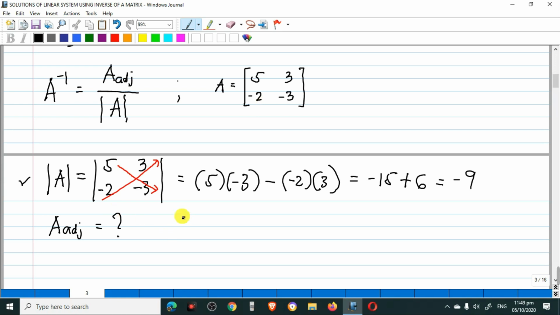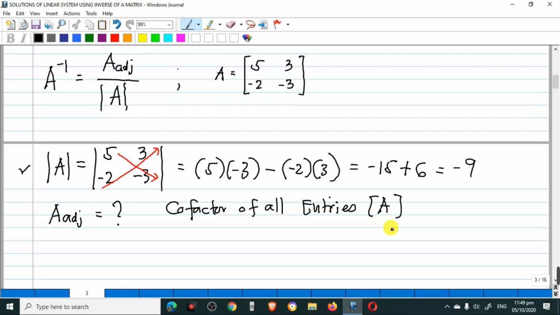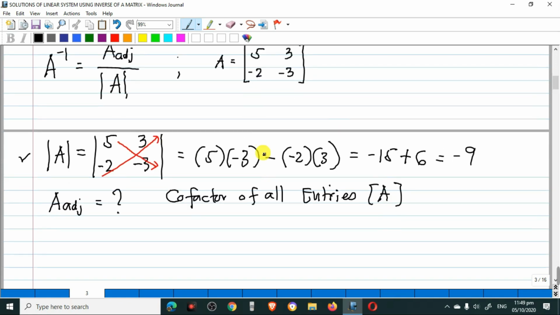Dito ko na isulat. First, cofactor. Solve for the cofactor of all entries. Okay? Lahat ng entries natin nung matrix A mo. So, we have 5, 3, negative 2, and 3.